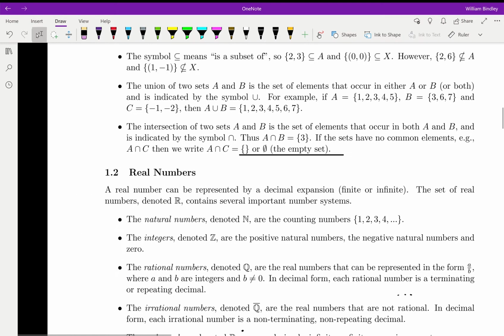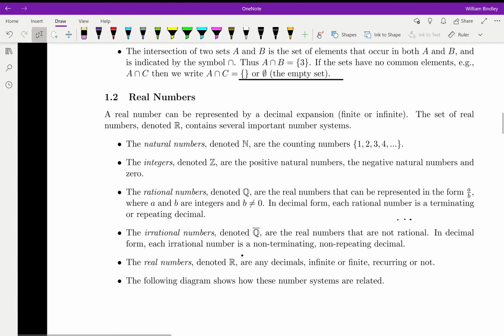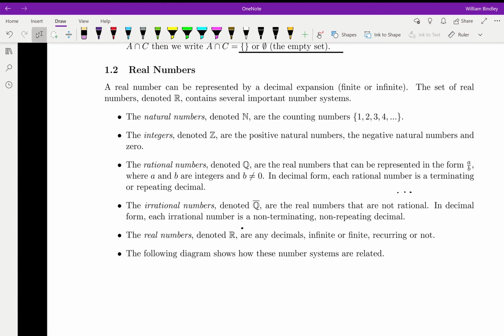So we used a property like the one I just showed you. Moving on, let's get off set notation now and talk about different sets of numbers. So the real numbers. A real number can be represented by a decimal expansion, whether it's finite or infinite. It just means the expansion can terminate somewhere or it can just string on, never ending.